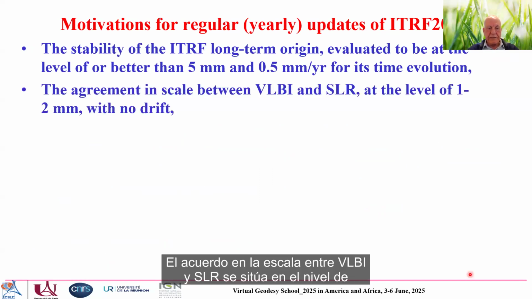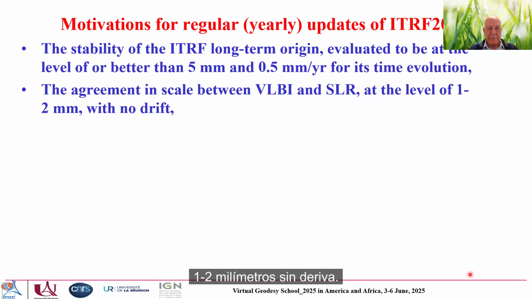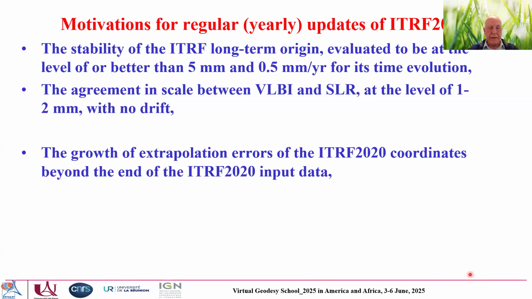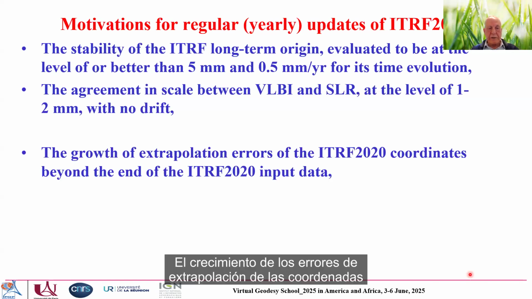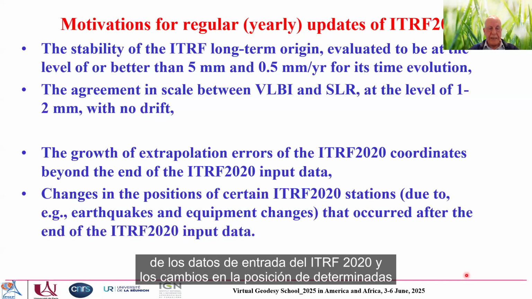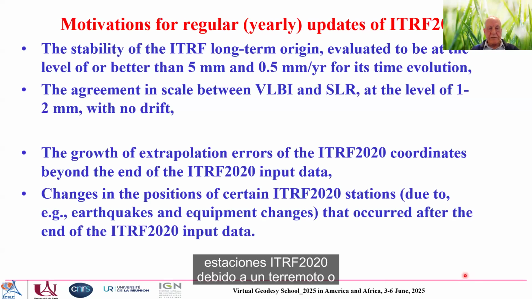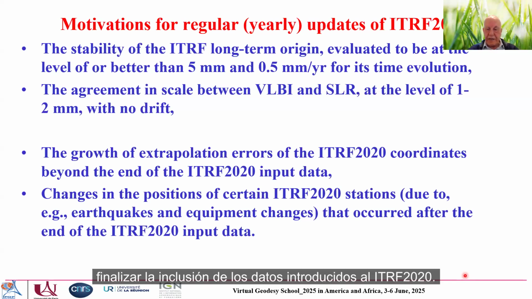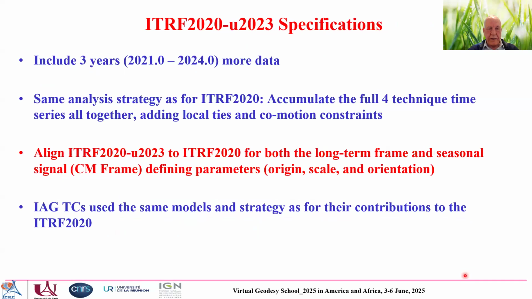And the agreement in the scale between VLBI and SLR is at the level of 1 to 2 millimeter with no drift. Also the growth of extrapolation errors of the ITRF 2020 coordinates beyond the end of the ITRF 2020 input data, and the changes in the position of certain ITRF 2020 stations due to earthquake or equipment changes that occurred after the end of the ITRF 2020 input data.